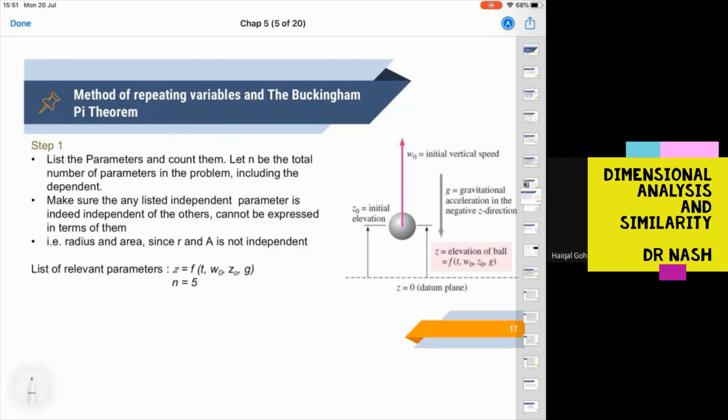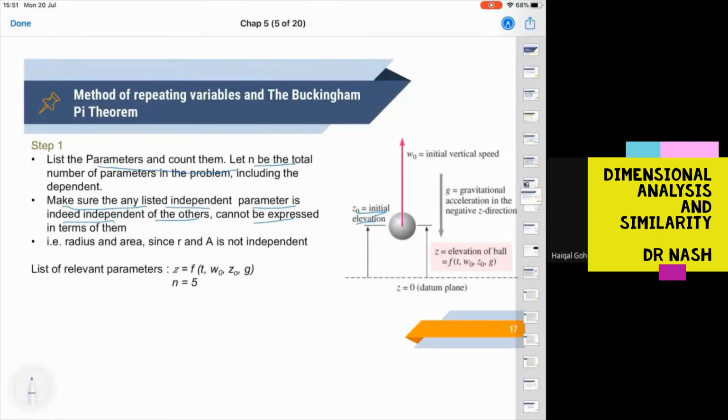We release the steel ball from a specific initial elevation, and then the ball bounces back into the air, and we want to make use of several parameters that relate to this situation. So we list down all the parameters and we count them. Okay, and then make sure that any listed independent parameter is indeed independent of the others, cannot be expressed in terms of them.